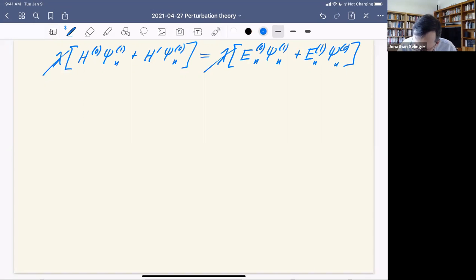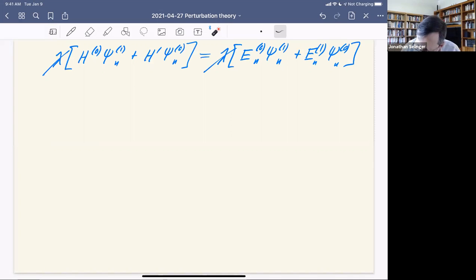Now what can we do with this? What I really want is to find out information about the change in the wave function, that is, this guy and this guy. So let's take the stuff I want to solve for and put it all on the left side of the equation, and all the other terms on the right side.